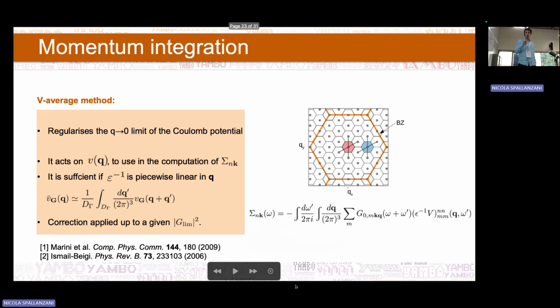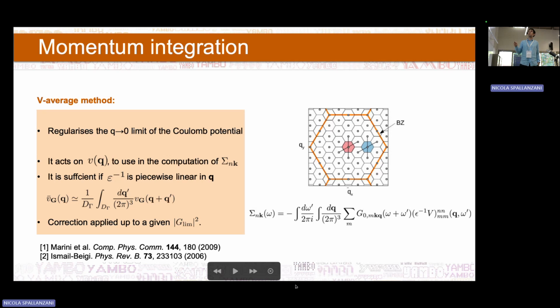The first one is the W average method, the V average method. It is an exact integration of the bare Coulomb function. What this does can be understood by looking at the Brillouin zone of your material in your simulation.